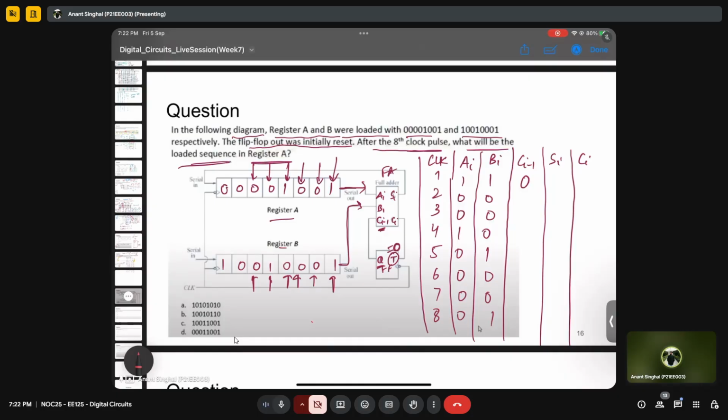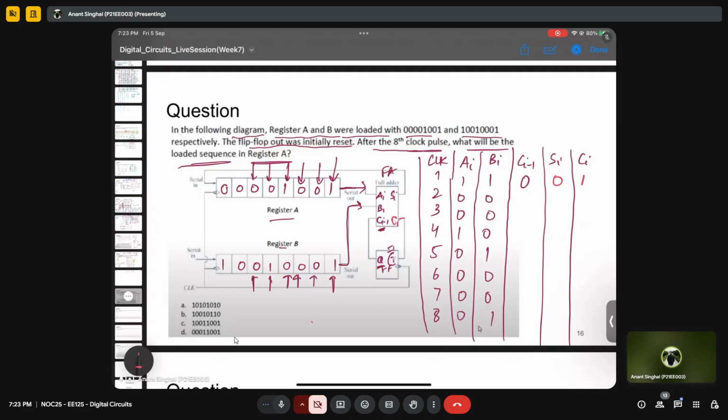You don't know what is the sum and carry of a full adder? Yeah. So sum will be 0, carry will be 1. So 1 plus 1 plus 0 is basically 1 0. That is correct.